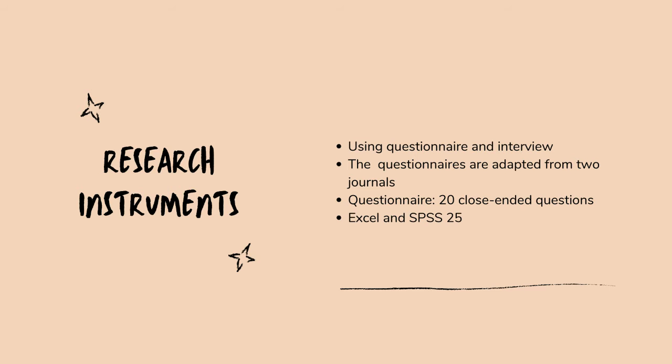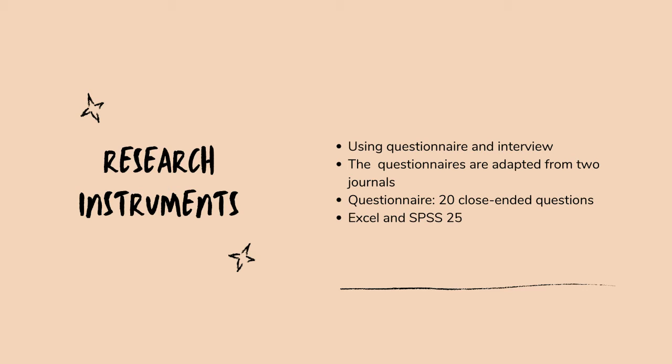The next is research instruments. In order to collect the data, the study will use a questionnaire and interviews with the participants. For the quantitative data, the questionnaires are adapted from 2 journals, which are Khan 2016 and Gonwal 2019.